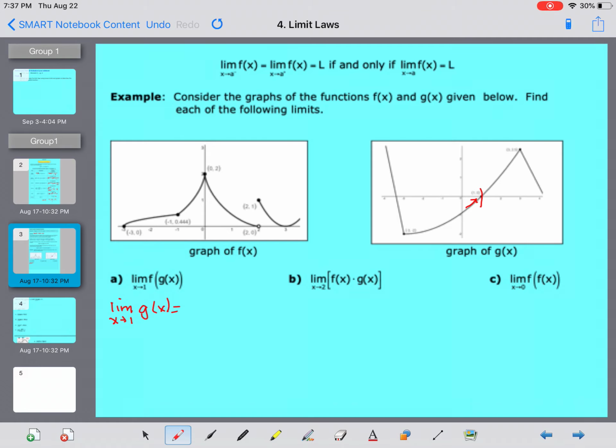So as I'm approaching, that value is 0. So now my next question is f of 0, does it exist? Is it continuous there? Is there a point there? So if we look at the graph, which is right there, x is equal to 0 right there, we know that f of x is continuous.